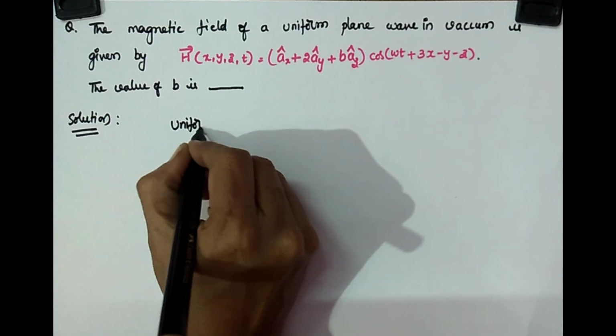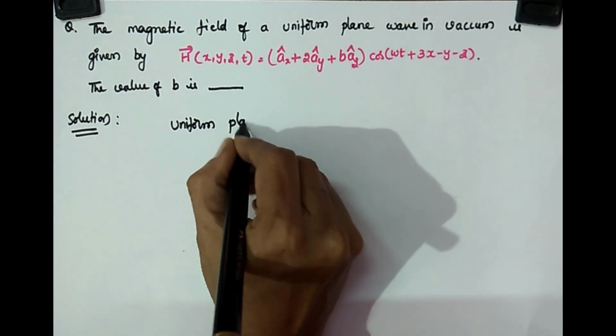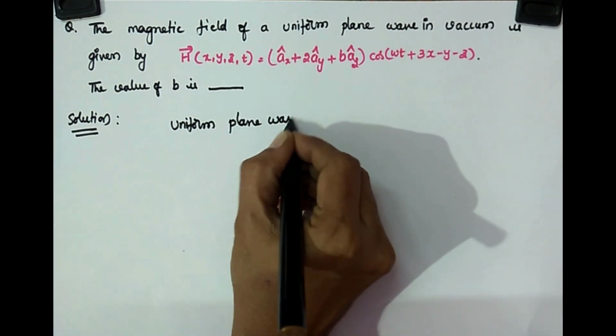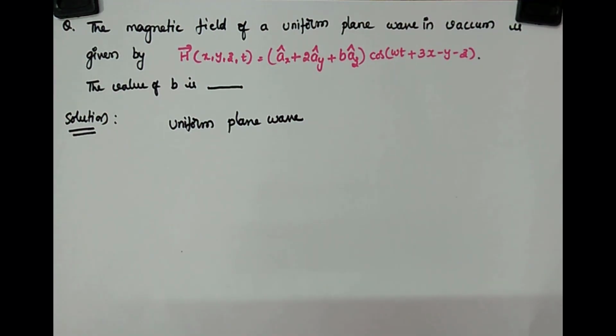What type of wave is it? Uniform plane wave. What is the important point regarding the uniform plane wave? For the uniform plane wave, it has no components along its direction.